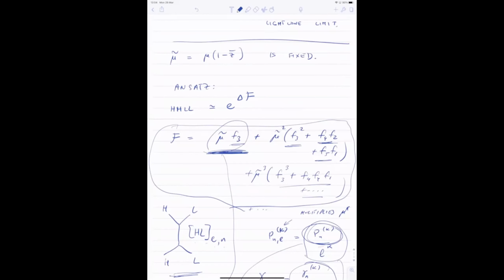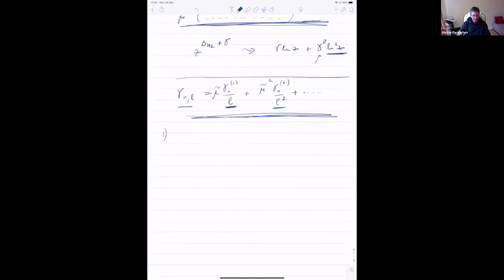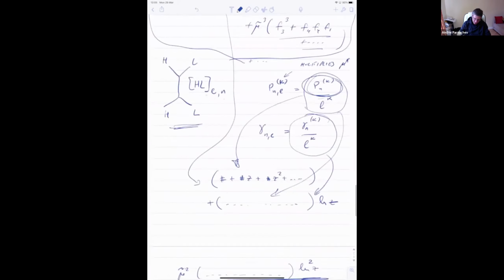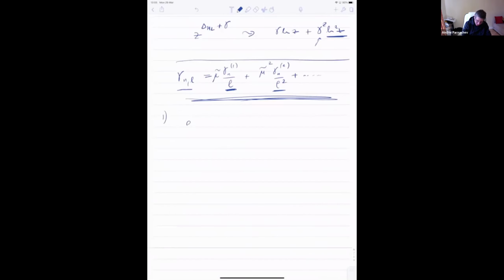Let me analyze this whole result. So the first comment is that this way we compute the full correlator, but it turns out, as I mentioned to you, that this full correlator actually has this form, where f has a finite limit.